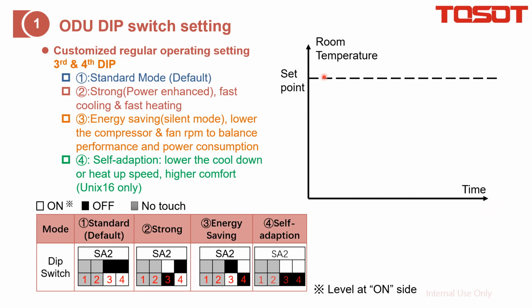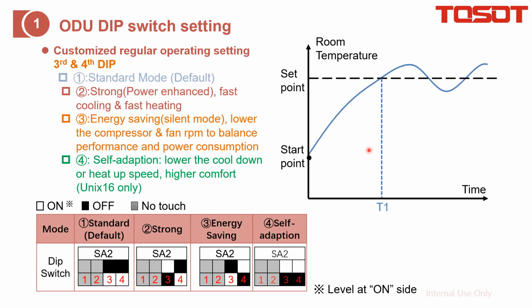So here is the set point, and all these 4 conditions just start from here. For the standard one, the benchmark default setting, we will have this one, which is how long it takes the room to reach the target, and after that, how it maintains the stability, not that fluctuating, right?